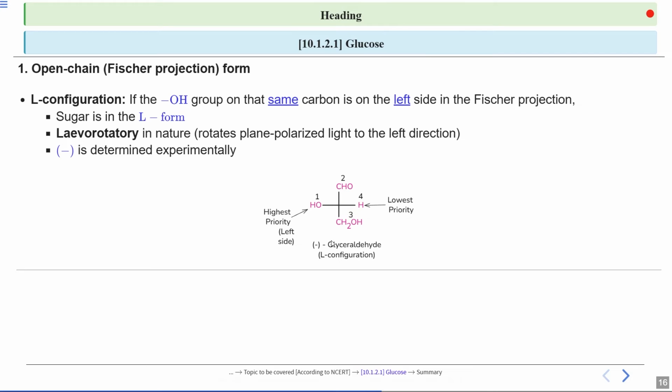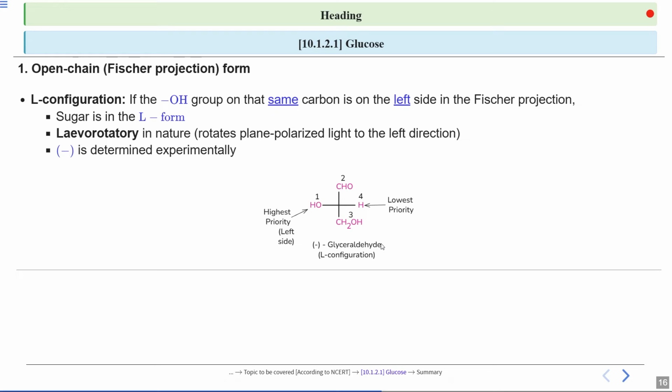If you see over here, this is the L configuration, because OH is on the left side. This OH gets the first priority, followed by CHO, then CH2OH, and hydrogen gets the least priority. This negative sign indicates that it rotates the plane polarized light to the left direction. So you will see this is L configuration.